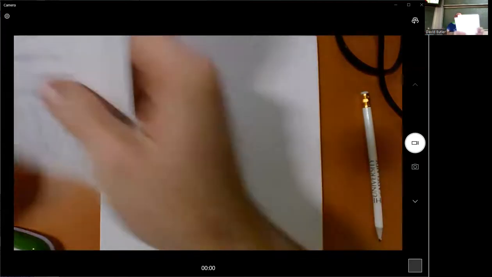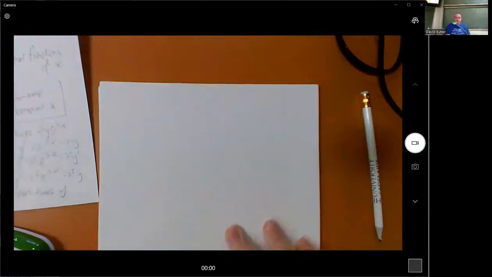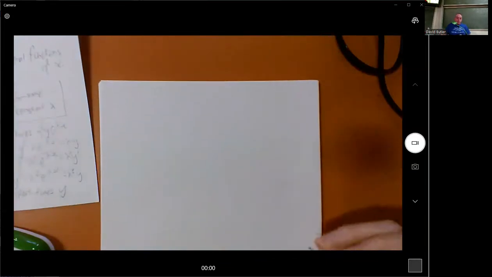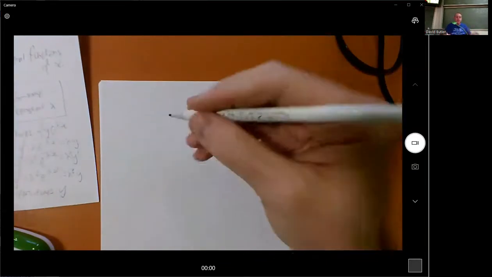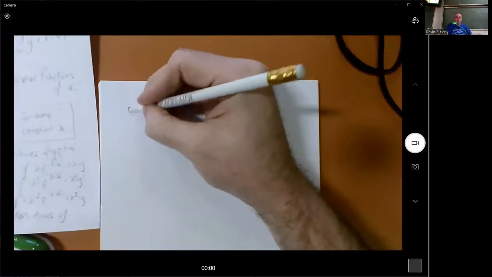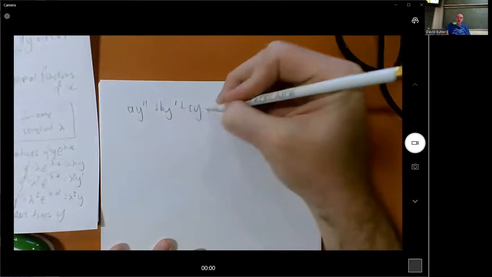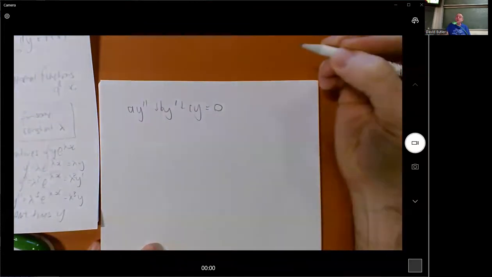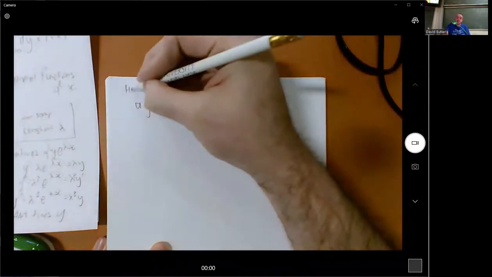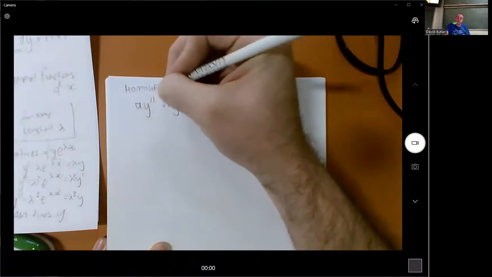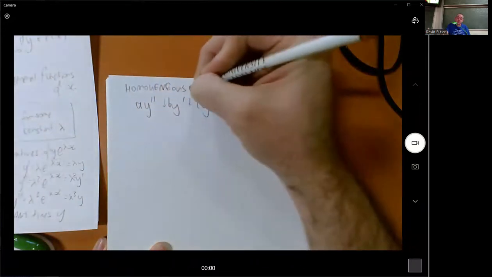Okay, so when I do have ay'' + by' + cy = 0, now I'm going to do the homogeneous equation.